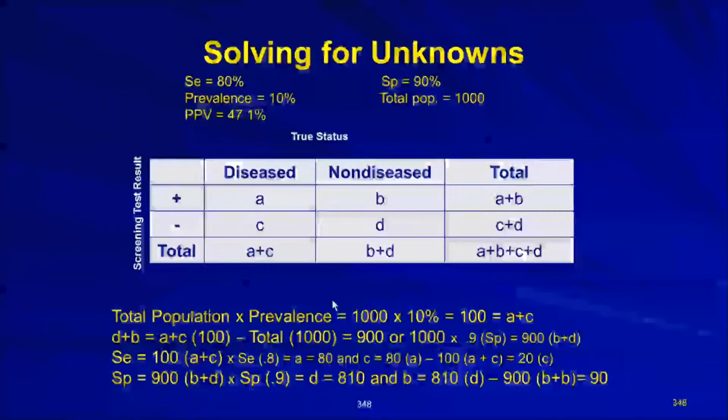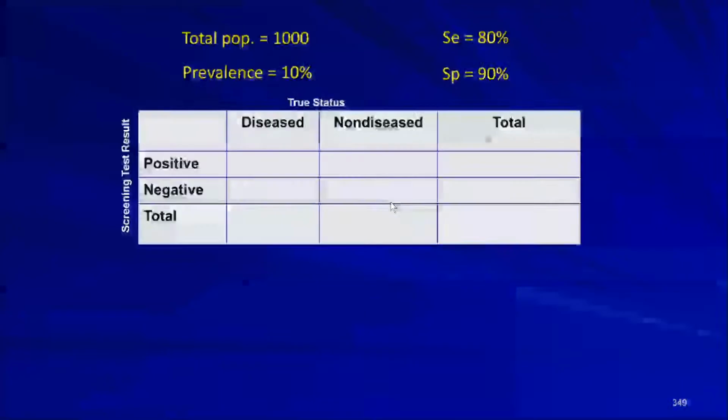Well, we're looking at the false negatives, so it's going to go into cell D, so 810 would go here. And then what you do is you subtract the false negatives from the total, and you would come up with 90, which would go into cell B. And so you've been able to complete this entire table just by having some of the information.